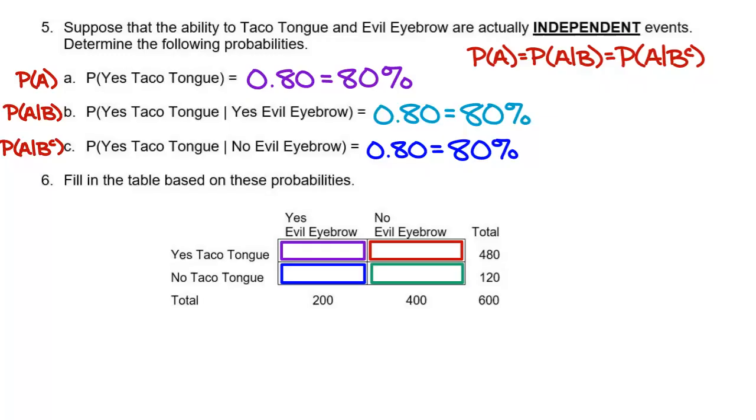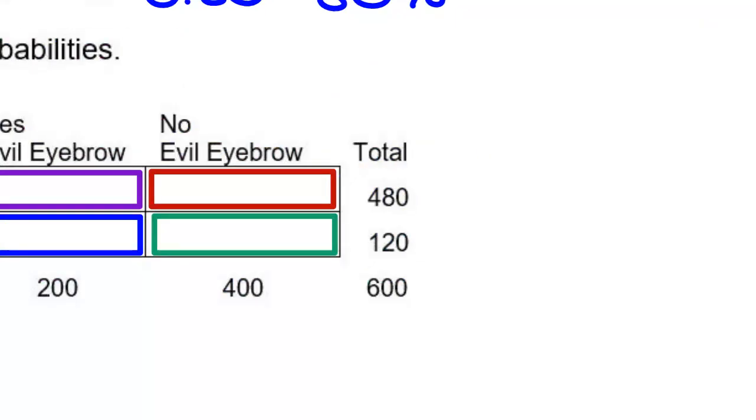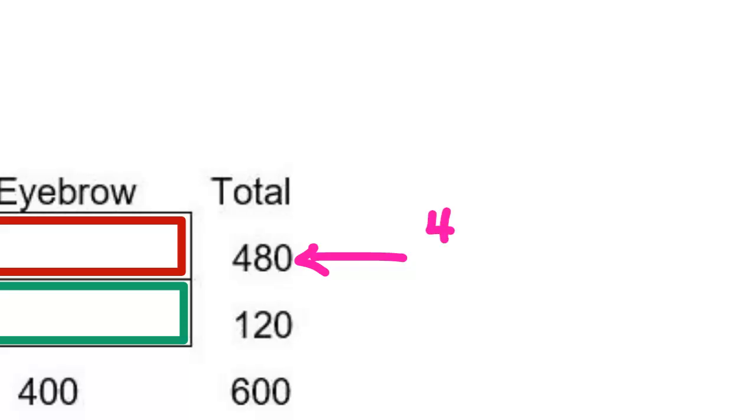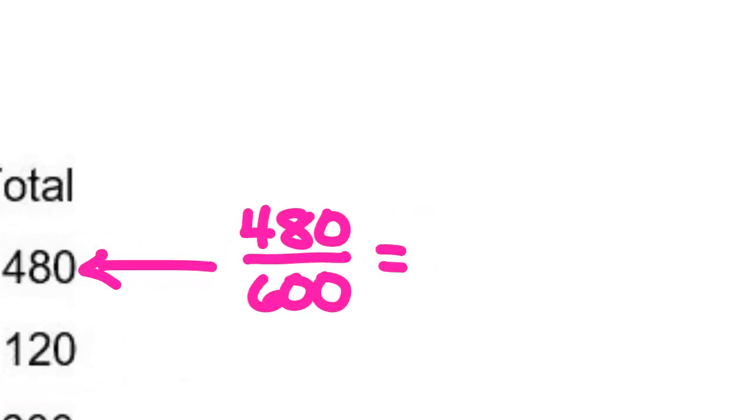Let's see if we can figure out what the two-way table would look like. I know that 480 out of 600 is 80%.